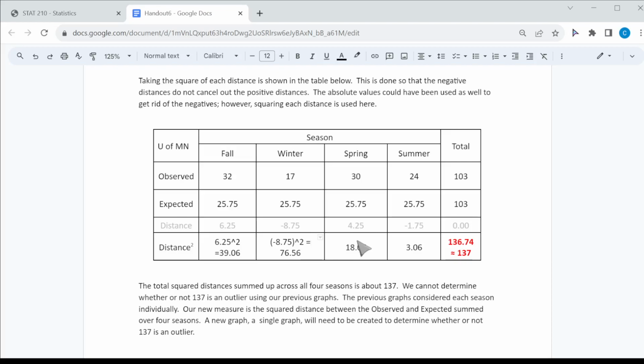I take 4.25 squared, I get 18. I take negative 1.75, I get 3.06. Now I'm going to sum all of those up and I get a total of about 137. So the total distance, granted it's a squared distance, that I'm away from the expected, I have condensed down to a single number at 137.